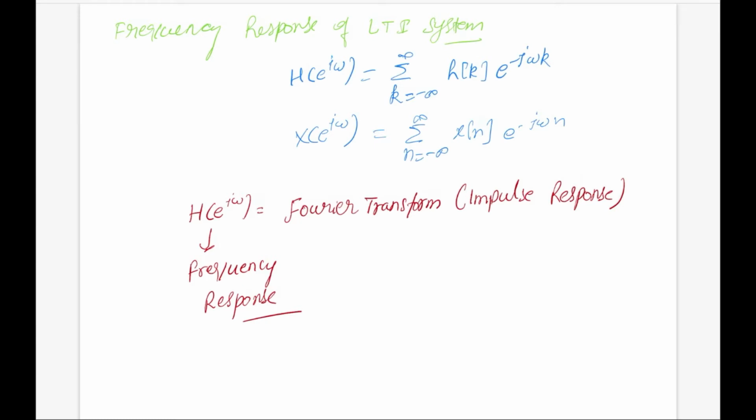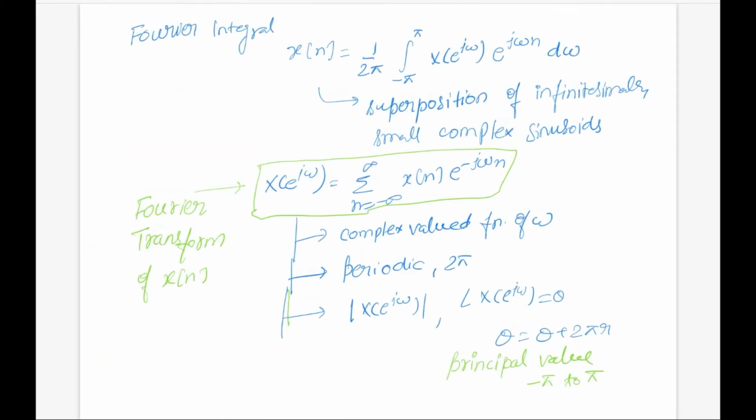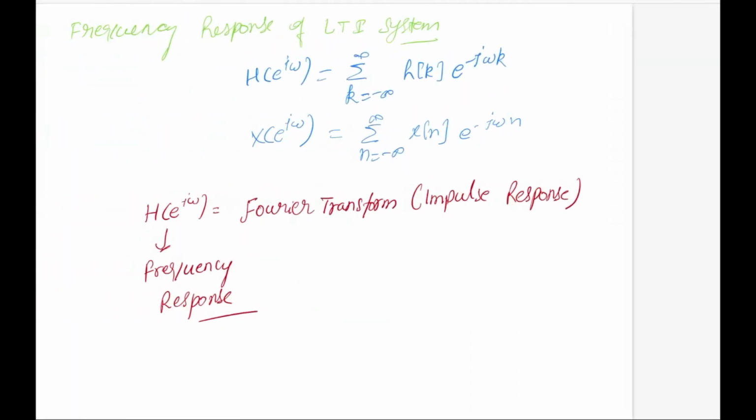So usually, if we have to prove that these two operations are inverse of each other, how would we prove it? Let's do some maths on this. I'll write those equations again: the integral from minus π to π of X(e^{jω}) e^{jωn} dω.